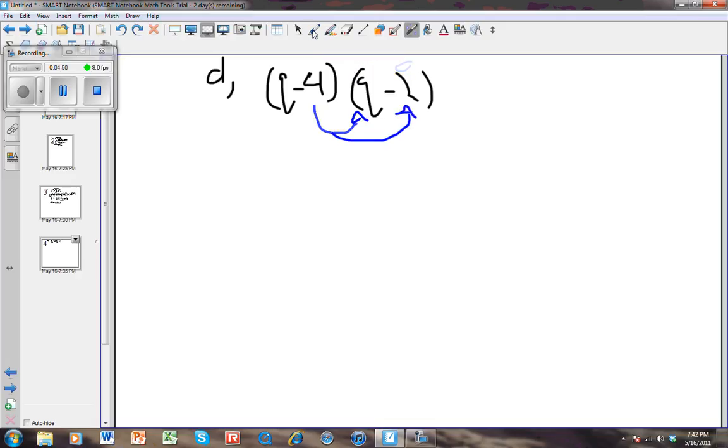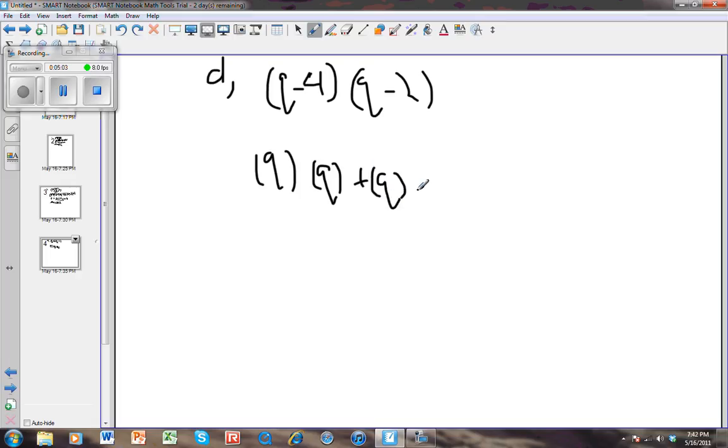So we're going to write this out, and it's going to be q times q plus q times negative 2, plus negative 4 times q, and plus negative 4 times negative 2.